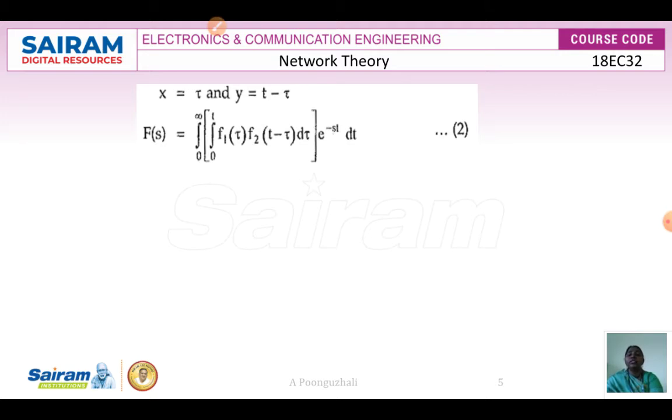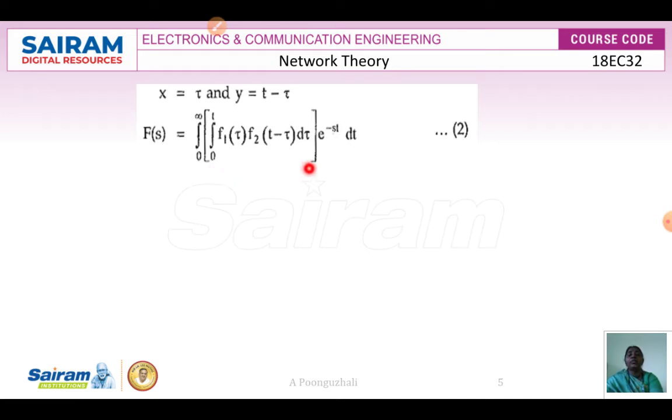So F of s is equal to integral 0 to infinity, where the inner integral has limit 0 to t, f1 of tau into f2 of t minus tau into d tau, into e power minus st dt. If I compare this equation with the general Laplace transform equation, this function is called the f of t function.